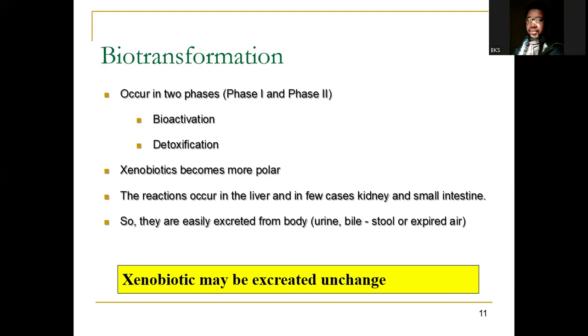So the biotransformation can lead to activation of the substance that comes in, so it will exhibit its own biological activity. Or the biotransformation can be deactivation as well. When it comes in, it's already active. It started doing biological activity. After metabolism, the metabolism converted it to inactive. So it deactivates.